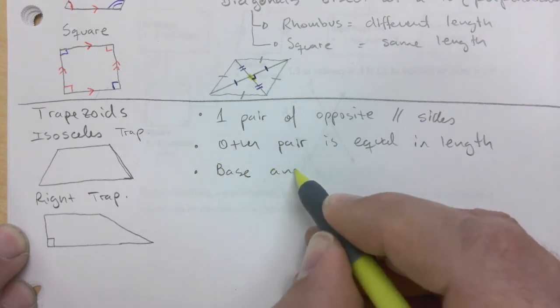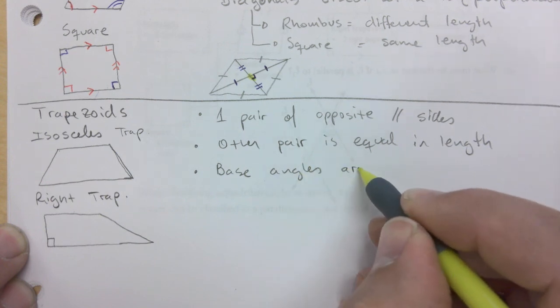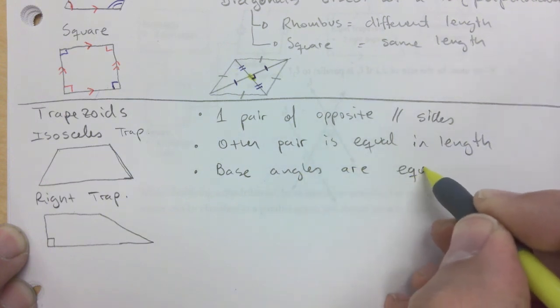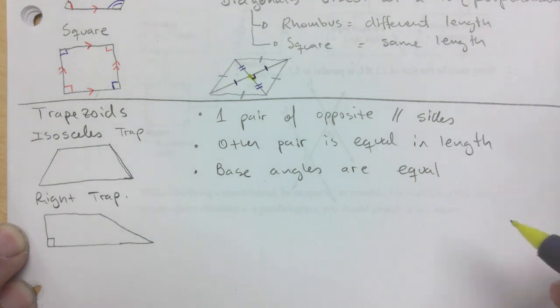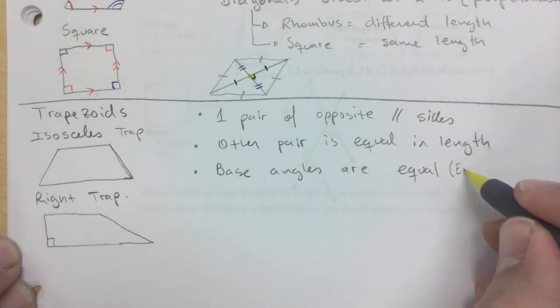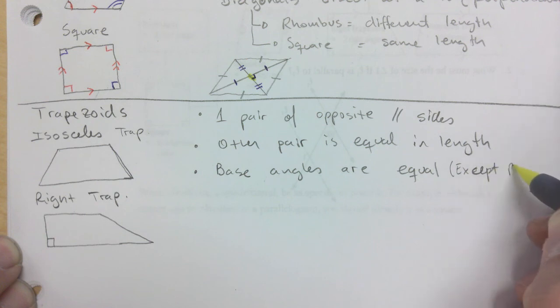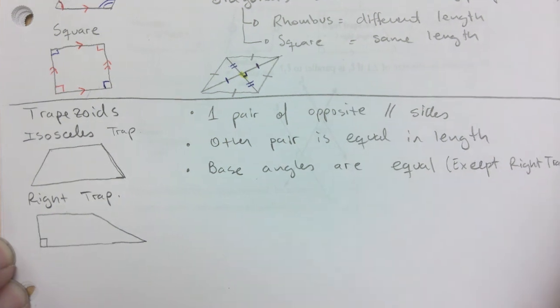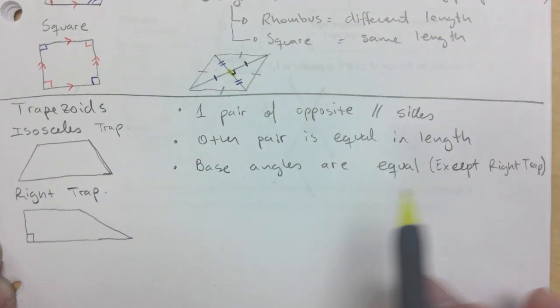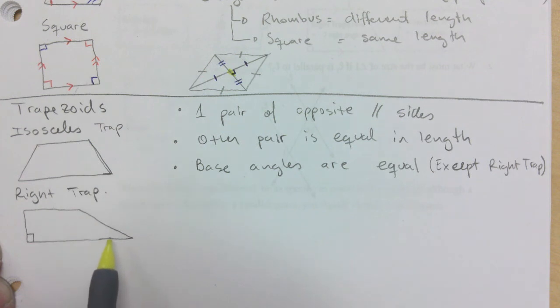Base angles are equal, except for the right trapezoid. The right trapezoid, you can obviously tell that the base angles would not be the same.